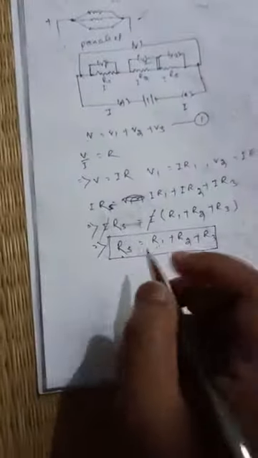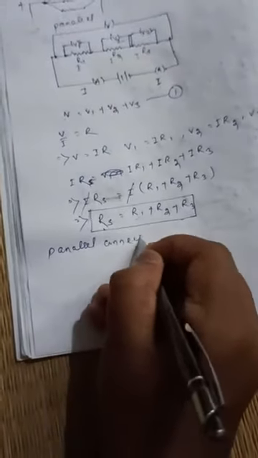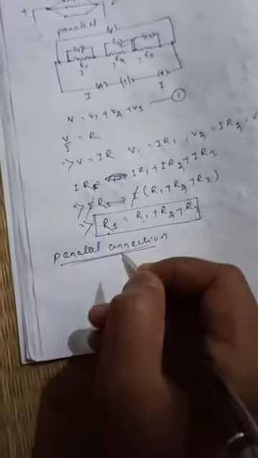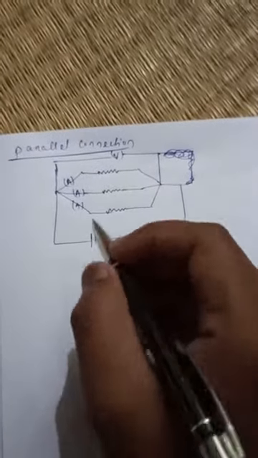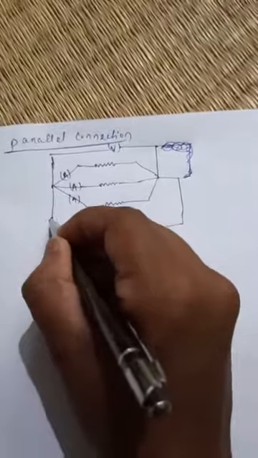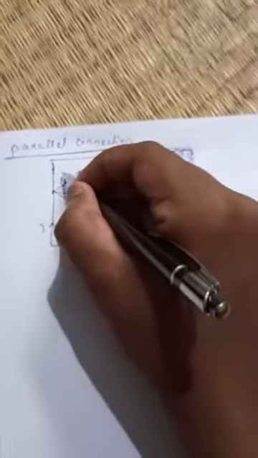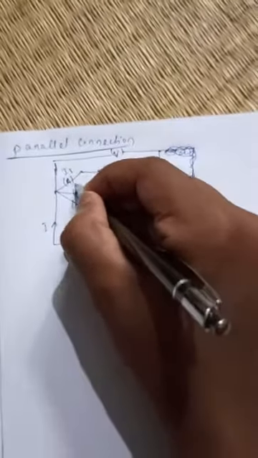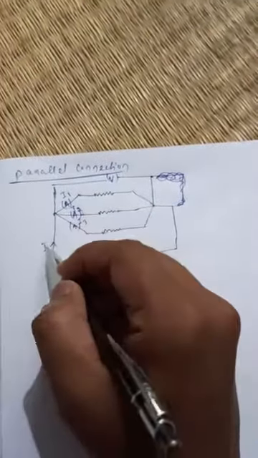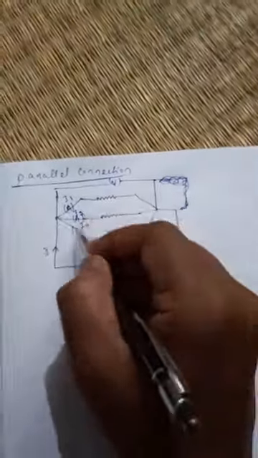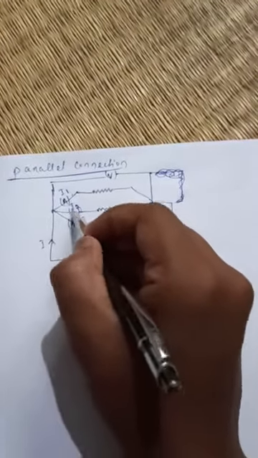Now we will discuss the parallel connection. Let me draw the circuit diagram first. From this circuit diagram we can clearly observe that I amount of current flows from the positive end to the negative end, then this current will divide, because here are three connections, as I1, I2, I3, taking the reading through three ammeters.